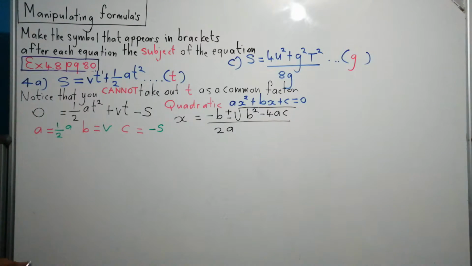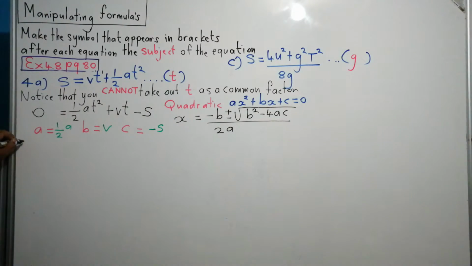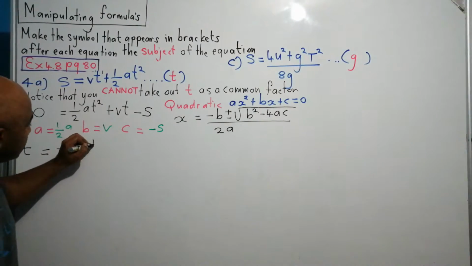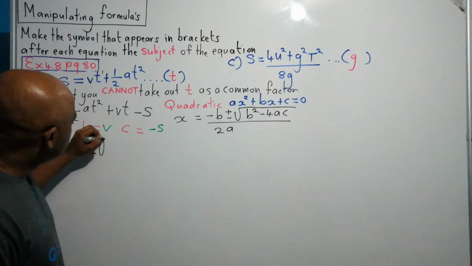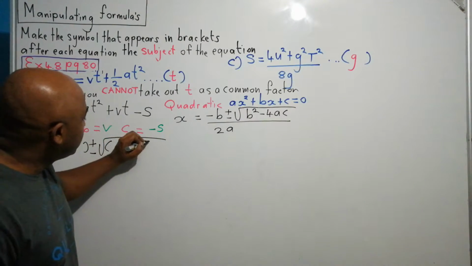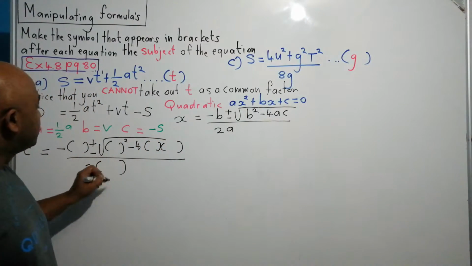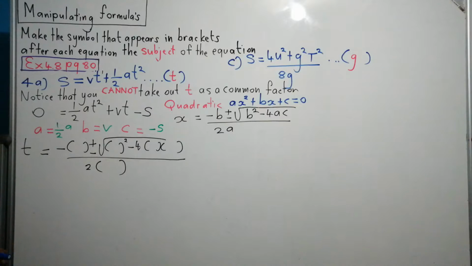Now substitute into the formula. So x is equal to, but in this case it's going to be t is equal to minus b plus or minus the square root of b squared minus 4 times a times c all divided by 2a. So let's substitute.